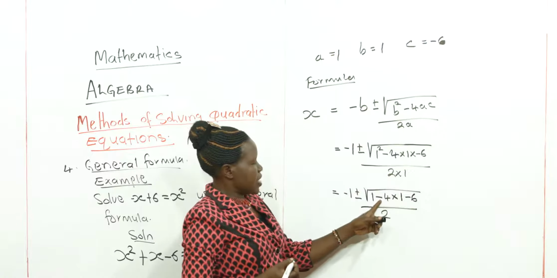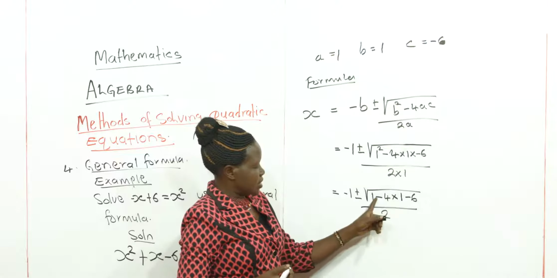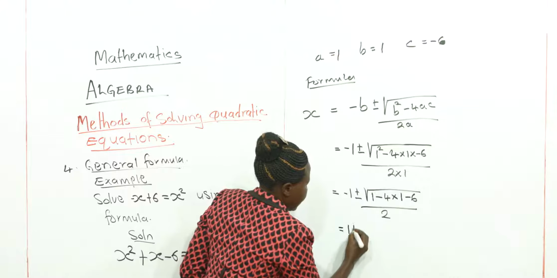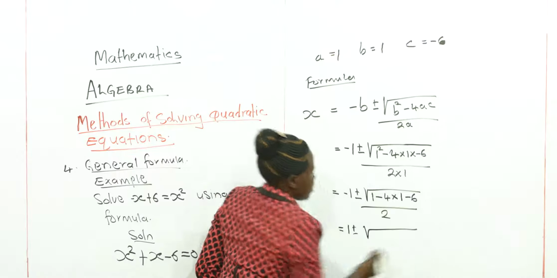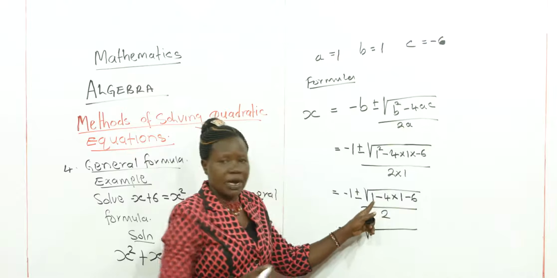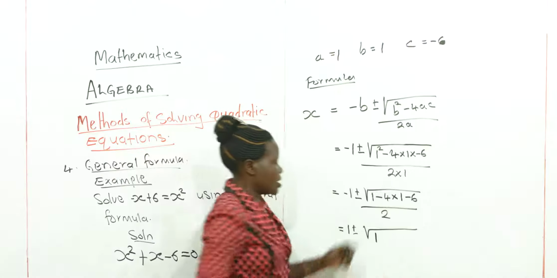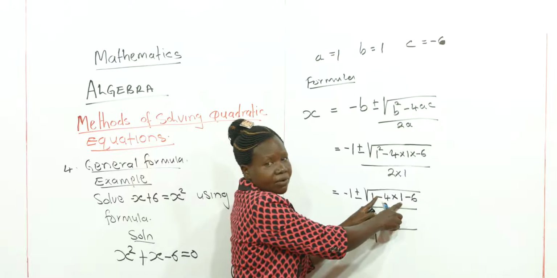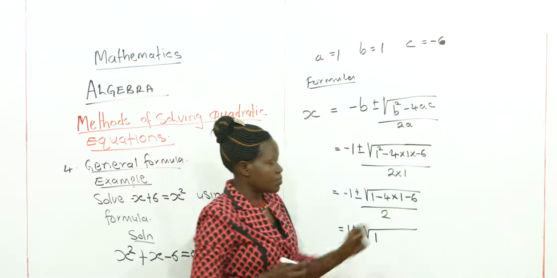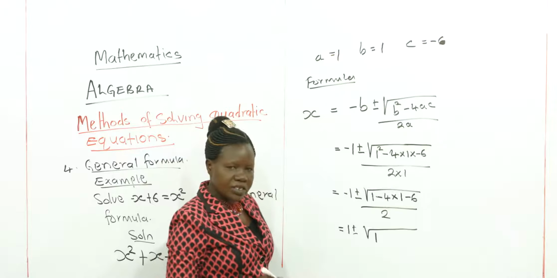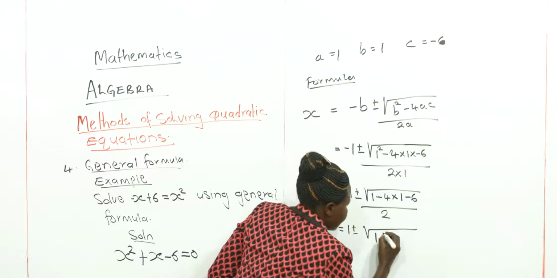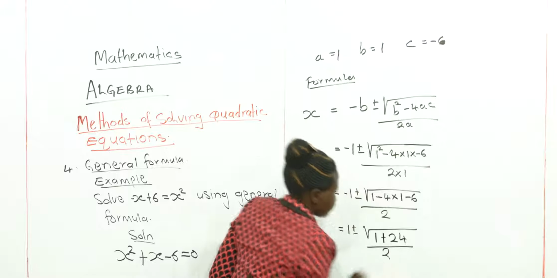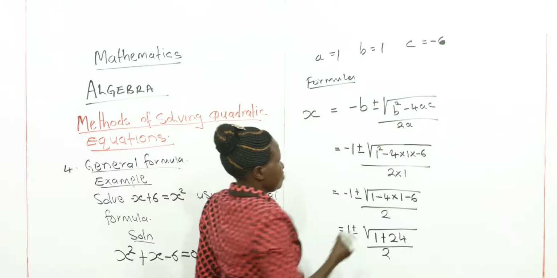Now we simplify what is inside the root. So dear learners, here we have positive 1, and then negative 4 times 1 gives us negative 4, and then negative 4 times negative 6 gives us a positive 24. Divided by what? By 2. Then you simplify that.